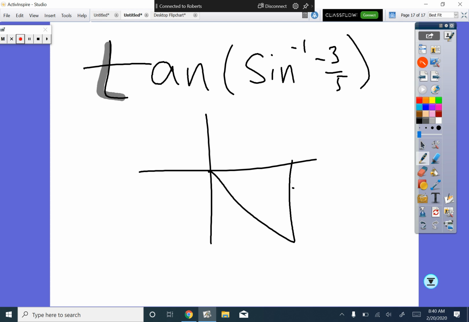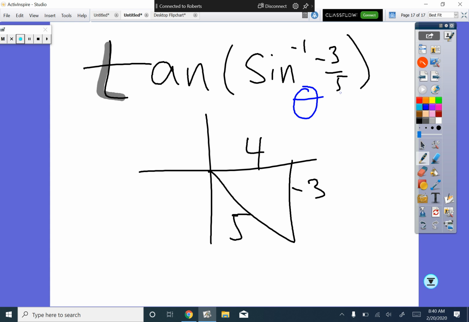So sine is -3. This is 5. What's this? 4, because good old Pythagorean theorem, right? Tells me this is a 3, 4, 5 triangle, and he's positive because the x value is positive in quadrant 4, correct? And then once again, what is this telling us? This is telling us this angle is theta, right?